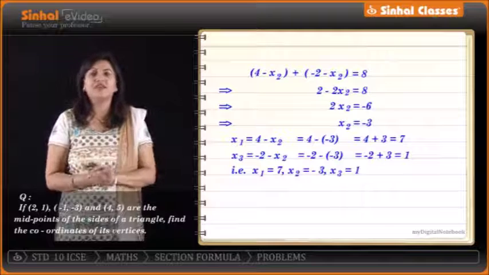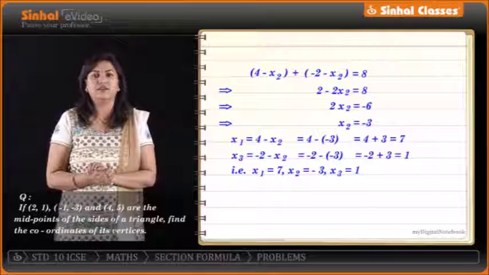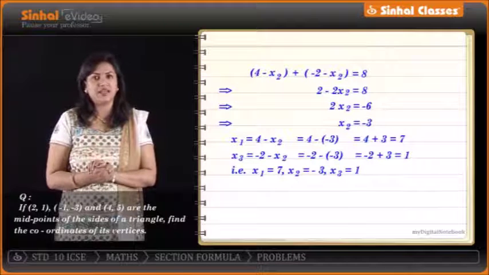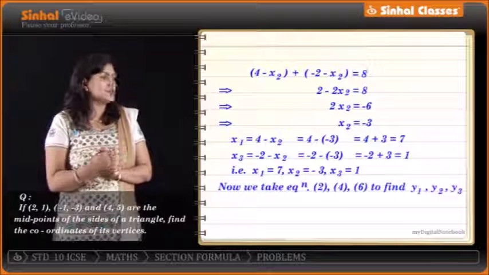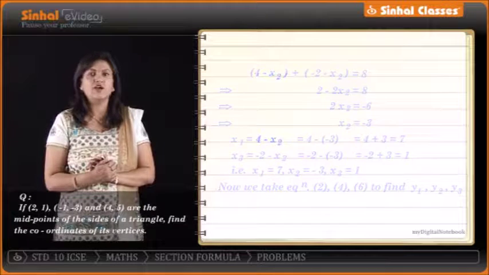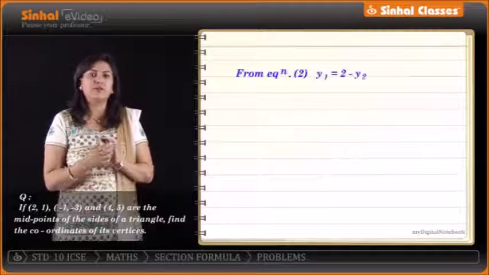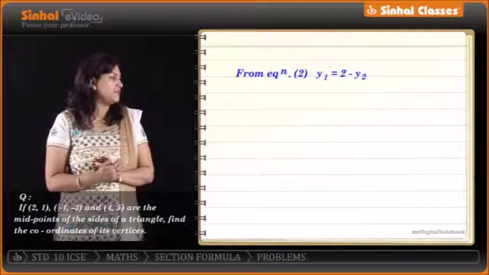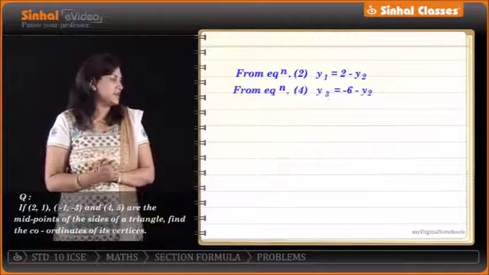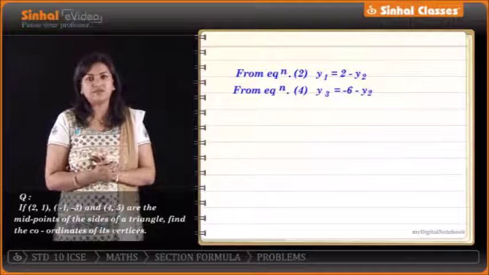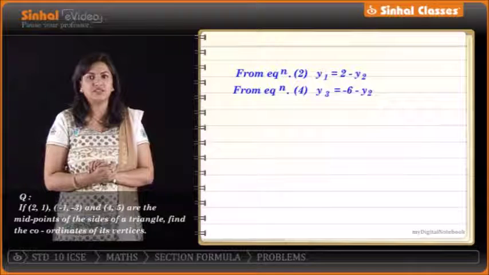Now in the same way, we will find the values of y1, y2 and y3. To do that, we will take the equations 2, 4 and 6. Now from equation 2, we have y1 is equal to 2 minus y2. And from equation 4, we have y3 is equal to minus 6 minus y2. Now we substitute these values of y1 and y3 in equation 6.